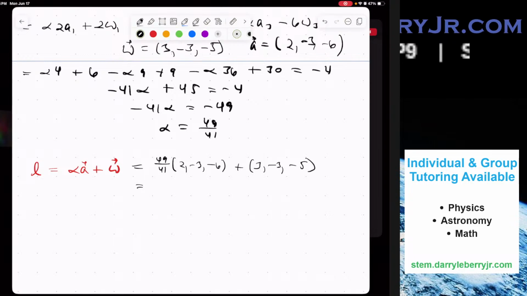I wonder if I can do this all with my calculator. Let's see. Nope, it can't, unless I'm just not sure how to add vectors on the calculator.